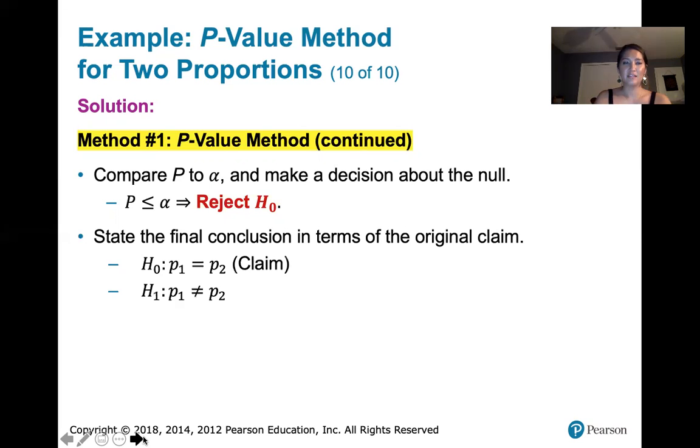So we're assuming that that's true, and assuming that that was true led us to reject the null hypothesis. We ended up with a very tiny probability for something that was happening. Anyway, what I want you to see here is that the claim and the null hypothesis are the same, and we're rejecting the null hypothesis. So if we're rejecting the null hypothesis, what we're really doing is rejecting the claim.